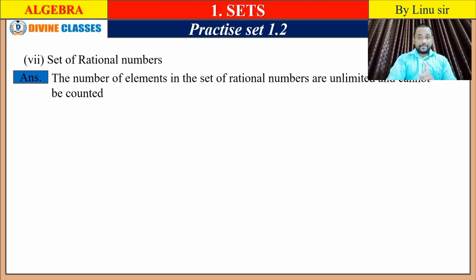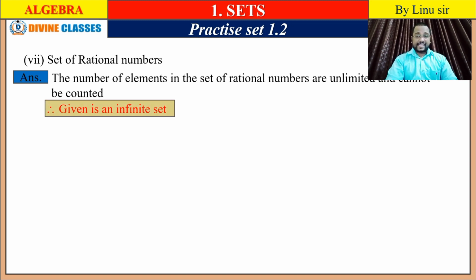Let me do a revision as well. The definition of a rational number is a number which can be written in P upon Q form, that is numerator and denominator form, where Q should not be equal to 0, right? So rational numbers are also unlimited and cannot be counted. Therefore, the given set is an infinite set.